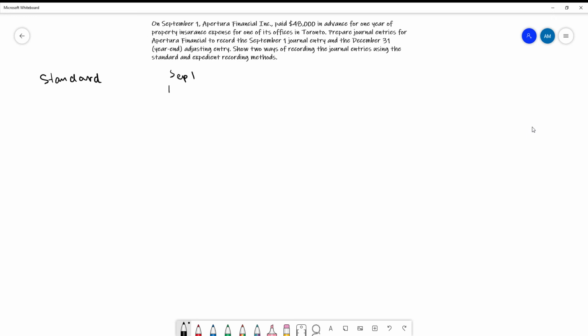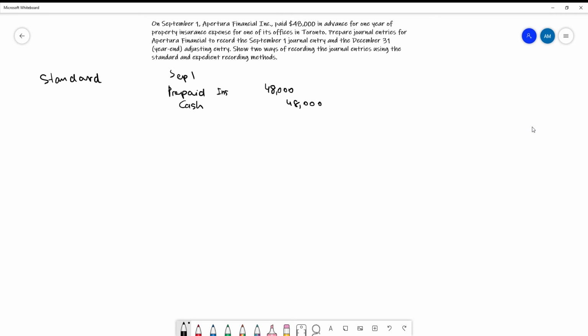So we have this prepaid insurance account, an asset account, where we record this $48,000 as an asset. We also have a cash outflow of $48,000 that is recorded as a credit on September 1st.